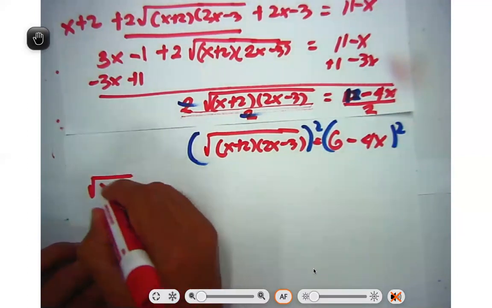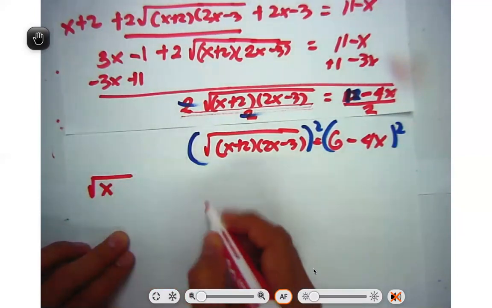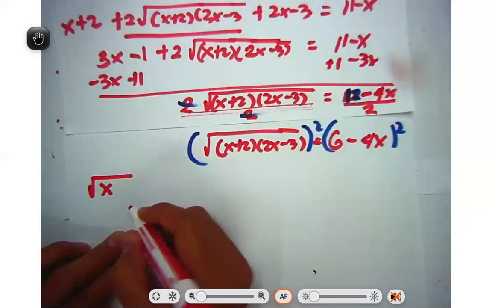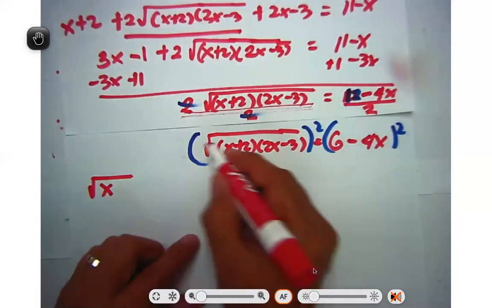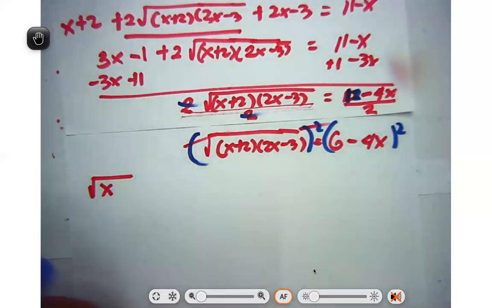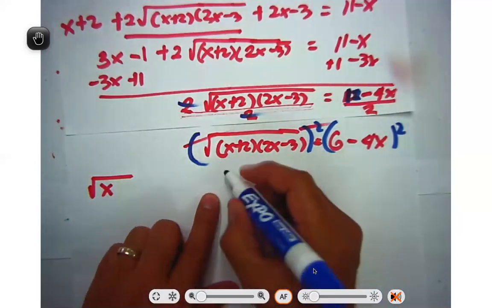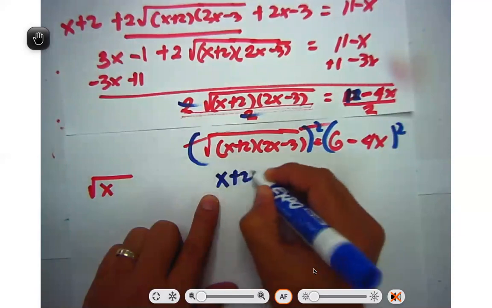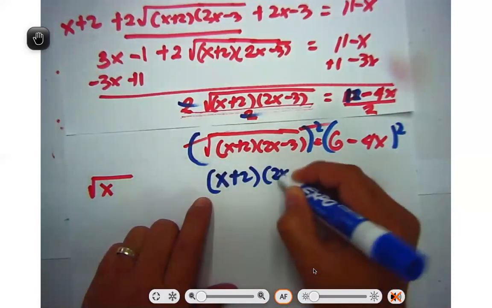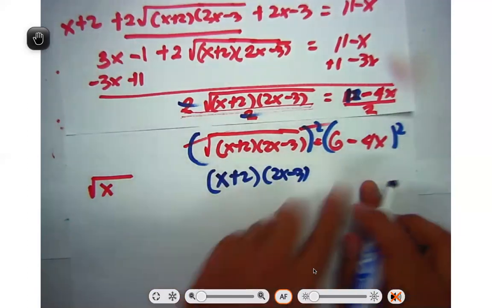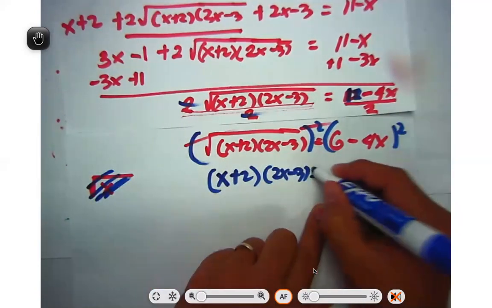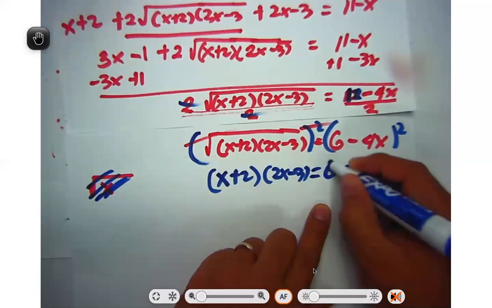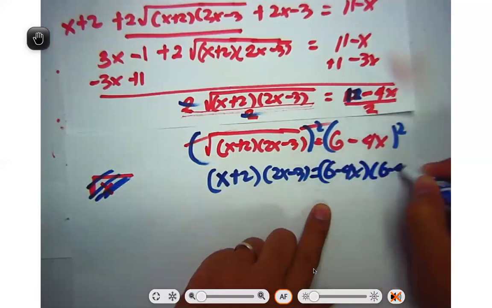We have the square root of, oh wait. All right, we can simply cancel this, right? So now this is x plus 2 times 2x minus 3, but this one needs to be expanded. We have 6 minus 4x times 6 minus 4x.